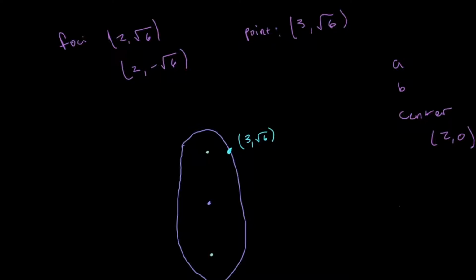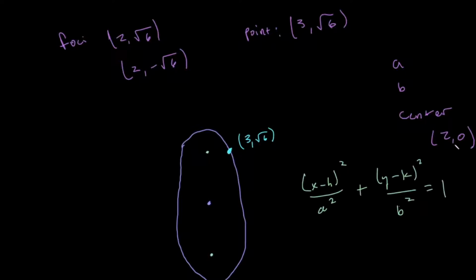So if you use the equation, wait, what's our equation? x minus h squared divided by a squared plus y minus k squared divided by b squared equals 1.